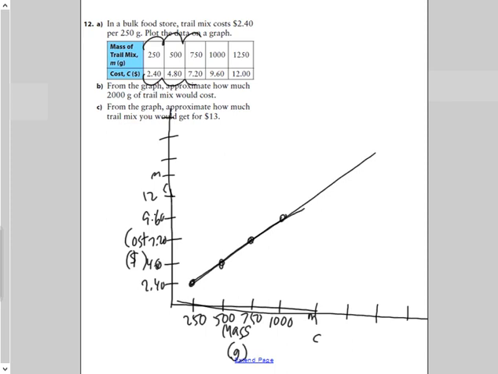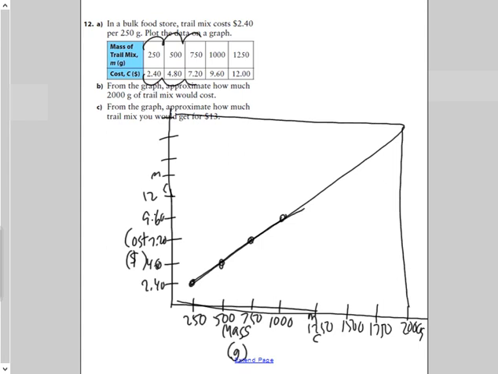And when I extend my line and I get my 2,000, which would be 1,250, 1,500 grams, 1,750 grams, 2,000 grams, I hit the line here. I go over here. And if I put my things up by $2.40 each time, this would be $14.40. This would be $16.80. This would be $19.20.